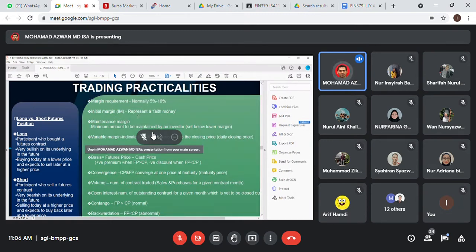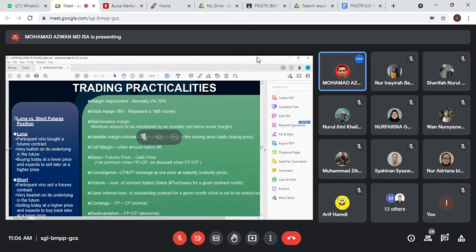Let's say your contract value is 100,000 ringgit for the futures contract. To start trading, you have to pay a certain amount, which is called initial margin.